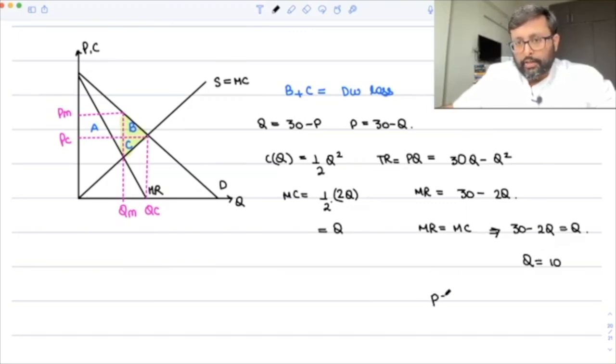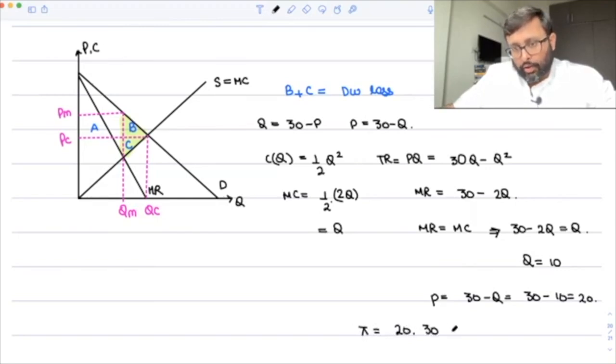And the price which it is going to charge is 30 minus Q, which is 30 minus 10, which is 20, right? What are the profits of the monopolist? Price into quantity minus cost.